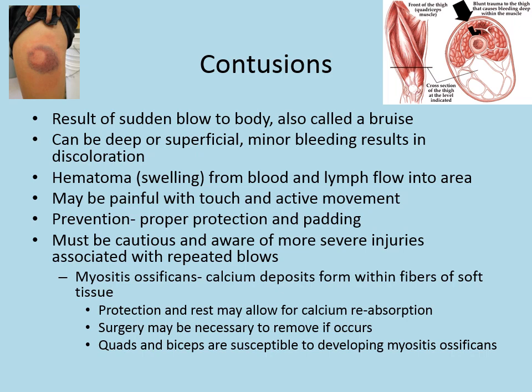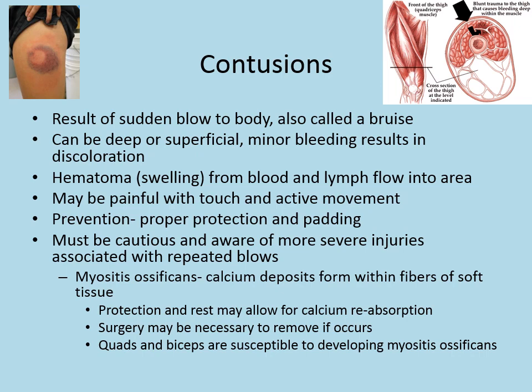As far as contusions go, we must be cautious and aware of more severe injuries that can happen with repeated blows. So if somebody already has a moderate to severe thigh contusion and they keep getting hit in that same spot, then you can get what's called myositis ossificans. Myo means muscle, itis is inflammation, and ossify refers to bone.